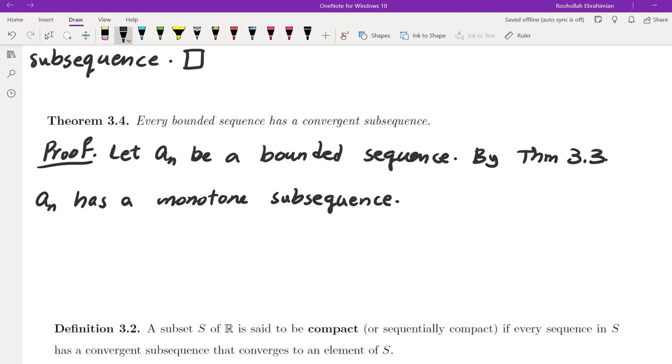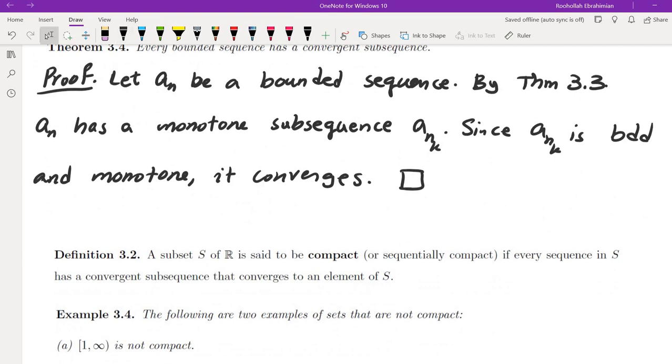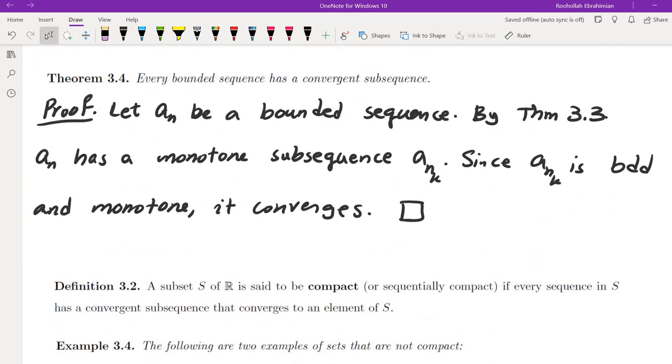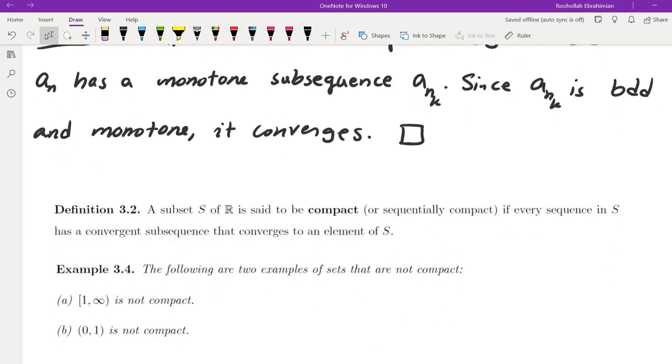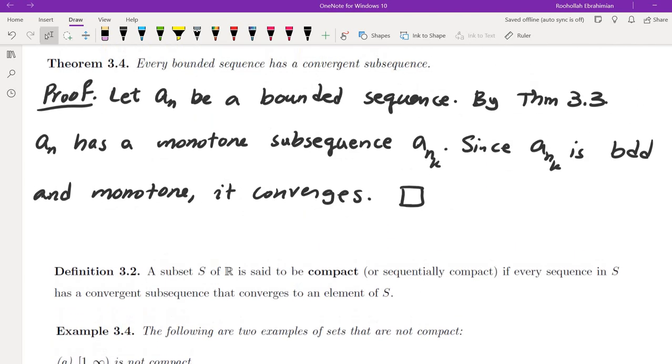Now, let's call it perhaps a_nk. Since a_nk is bounded and monotone, it converges. And that's exactly what we wanted to show. We wanted to show every sequence that you take, it has a convergent subsequence. Now, this brings us to the definition of a compact or sequentially compact set.